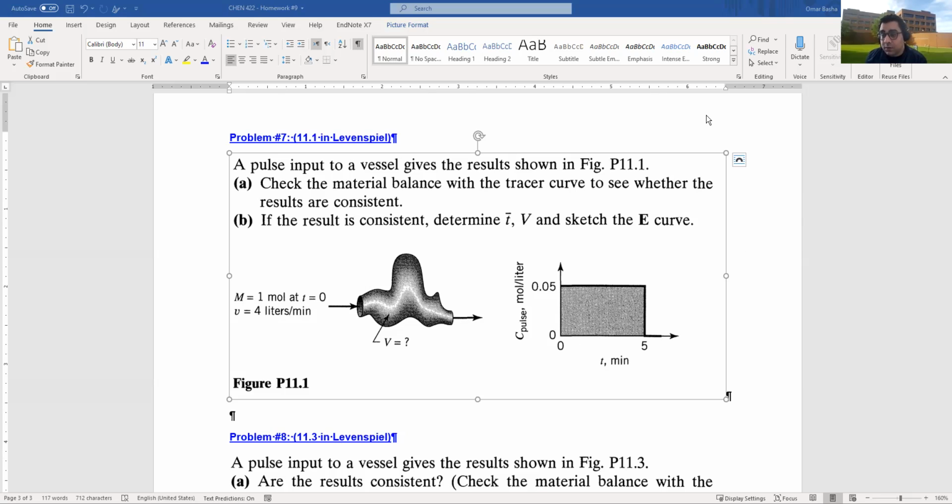So let's go to the whiteboard here. This is problem 7. You're being told that you put a tracer signal into your reactor, into your CSTR. Let's say it's a CSTR. And the conditions for this tracer were 1 mole, so M, the number of moles, and you can use whichever notation you want, 1 mole.